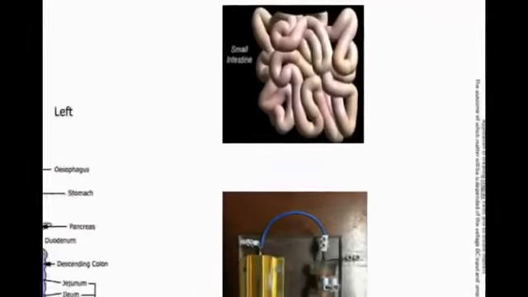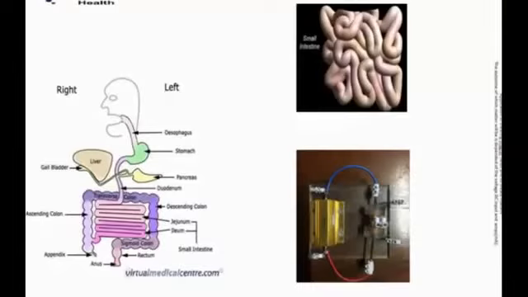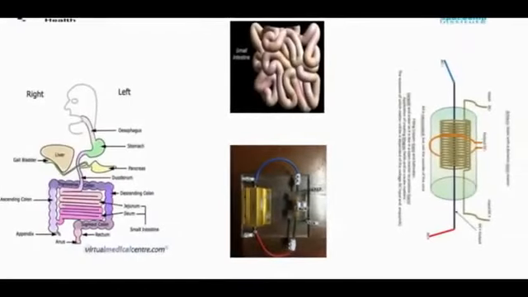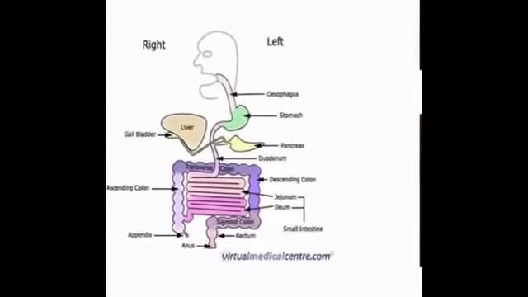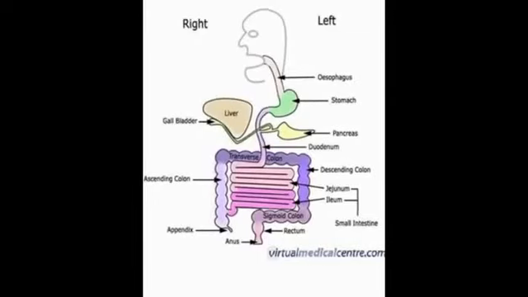Okay, then we go to the next slide. The next slide is a more schematic representation of the way our small intestine turns and makes a specific shape inside of our abdomen cavity.